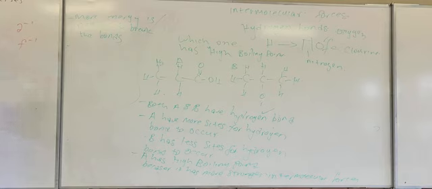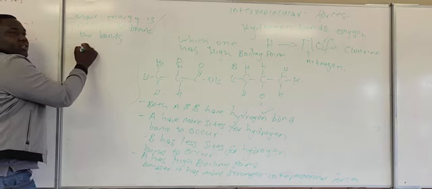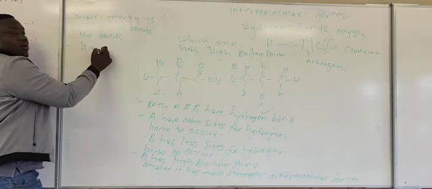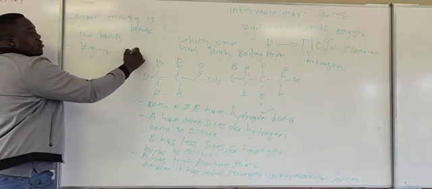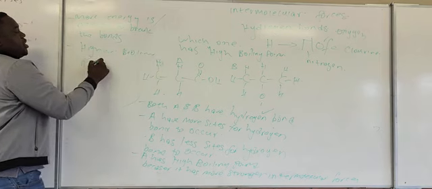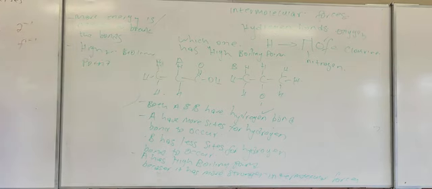Then we've already concluded, we've already talked about the boiling point. Because this one needs more energy to break the bonds, it means it has the higher boiling point. You understand, right? Then I give you 4 marks.